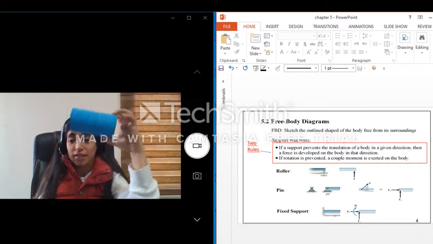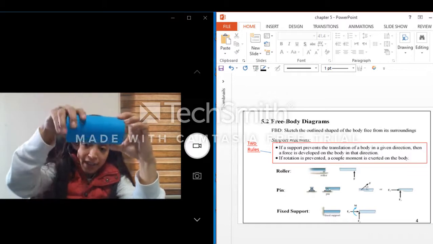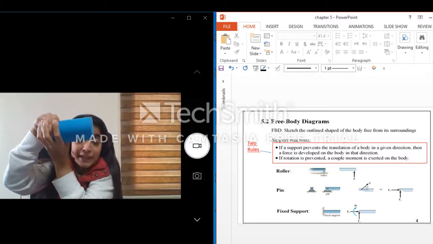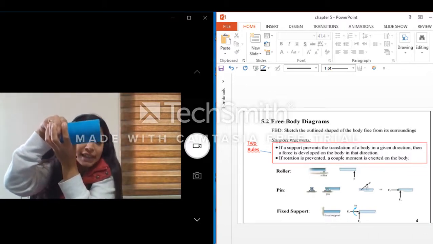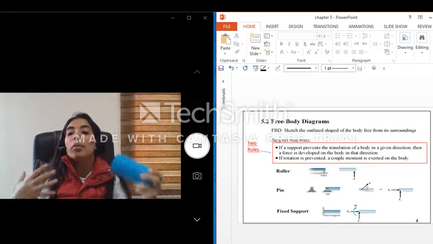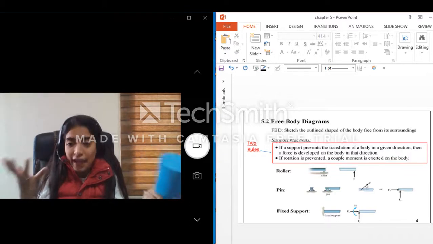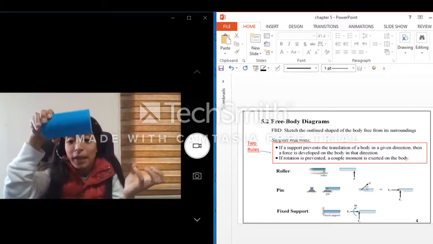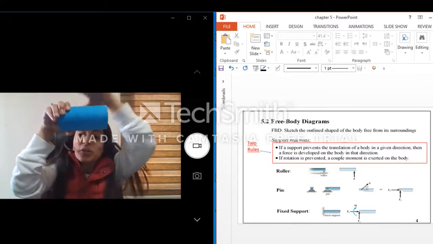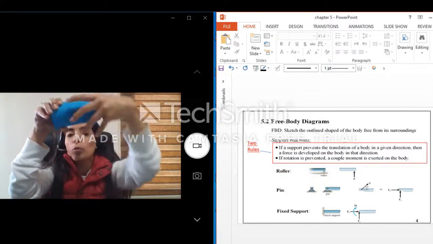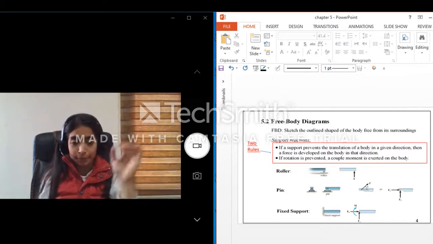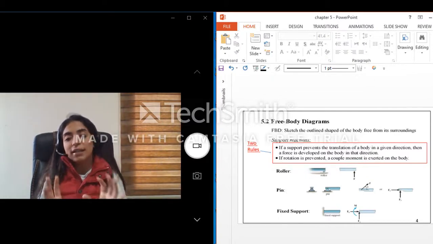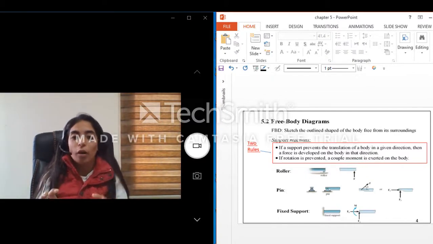So basically, guys, if I put a support that is preventing this body from rotating, in this case I'm doing a couple moment as a reaction. And this couple moment, guys, will be in the opposite direction of the resultant moment of all the forces on the body. So let's now go over some types of supports.